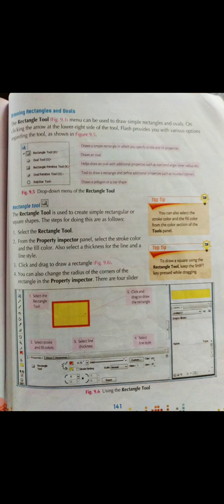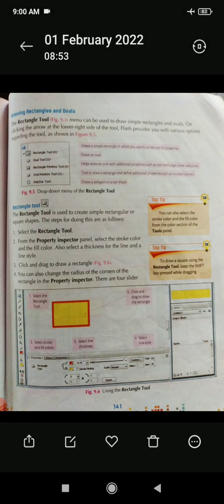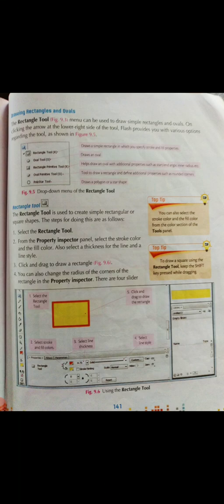Then the fourth one, the oval primitive tool, symbolized as O. It is a tool to draw a rectangle and define additional properties such as round corners. The main function of the oval primitive tool is to draw a rectangle, and you will get additional properties, such as how to set the rounded corner radius. Then the fifth one is the Polystar tool.